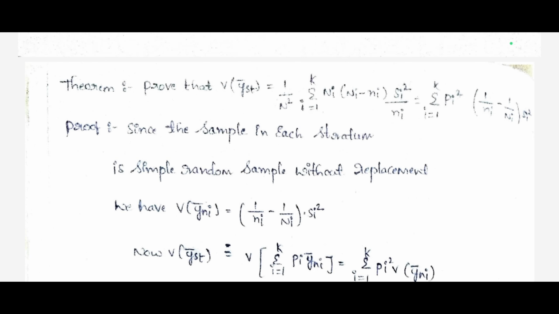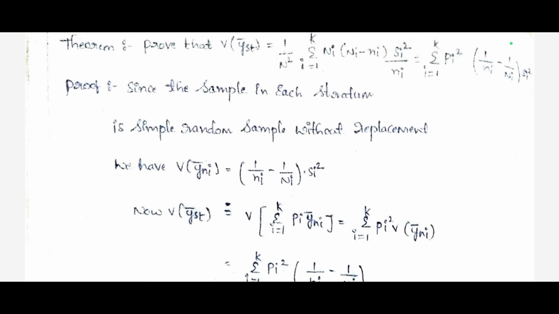Next, since the sample in each stratum is a simple random sample without replacement, the variance of y bar of ni is equal to 1 by small ni minus 1 divided by capital Ni of Si square. So we are just adding the i values extra. In stratified random sampling, the variance of y bar of ST formula is summation i runs from 1 to k, Pi into y bar of ni.